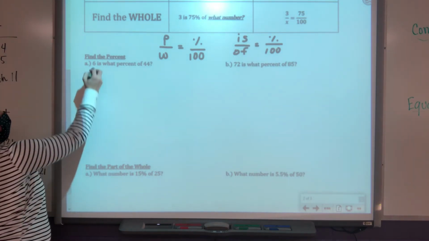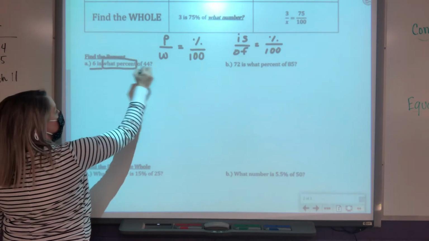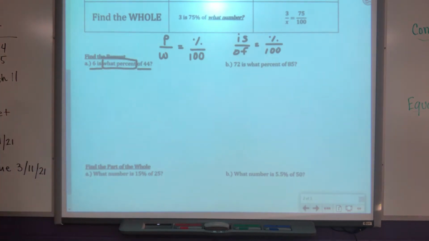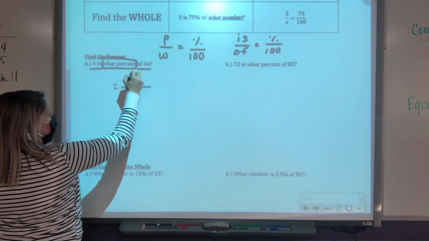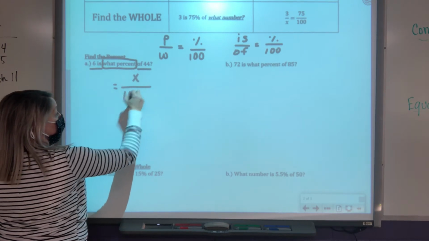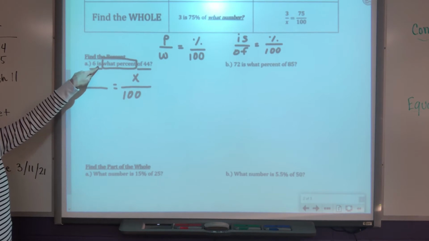Six is what percent of 44? Do we know the percent? No. Is 6 the part or the whole?